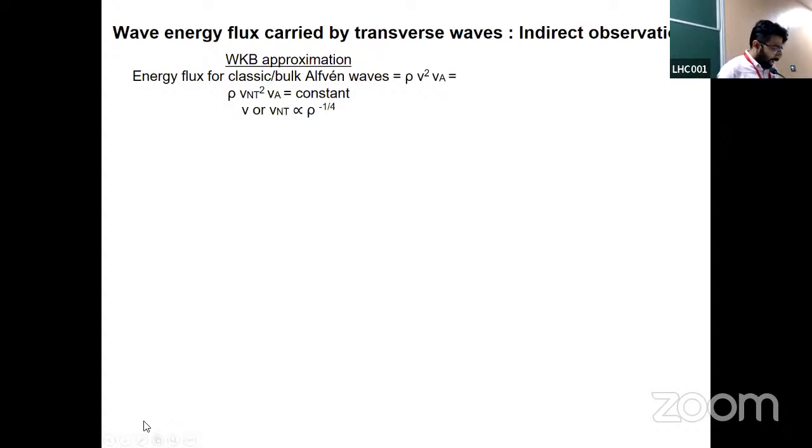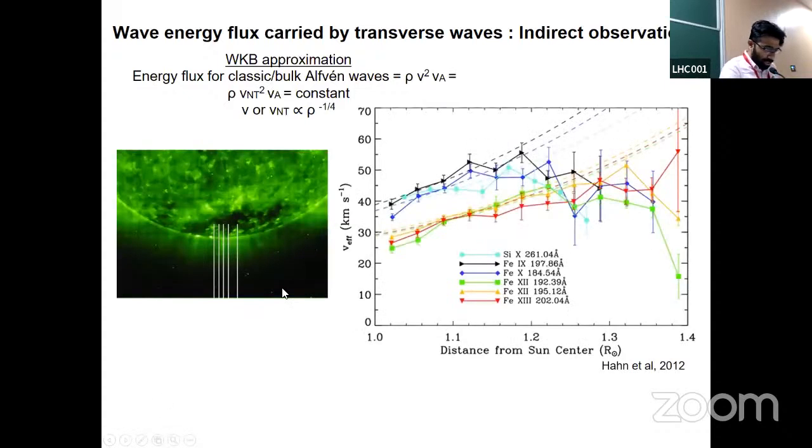So, these are some of the recent observations by the ICE instrument, and they have also seen a similar thing: the non-thermal line width, which is converted to effective velocity, increases and then flattens off. So what they did is they tried to fit these observations with this theoretical curve here. You know that the Alfvén velocity depends on the magnetic field and density.